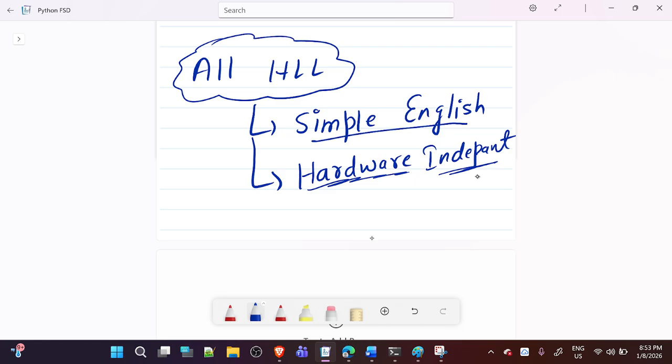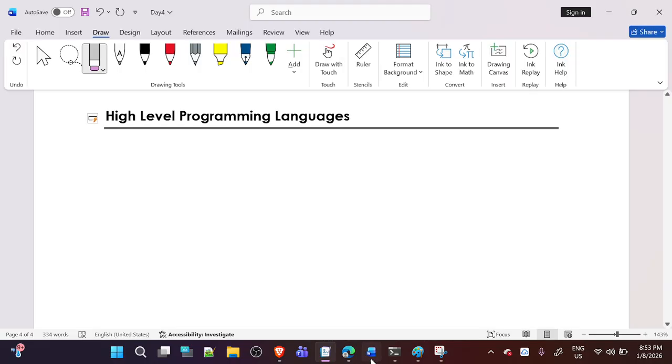Correct or not? Yes. Okay, hardware independent, or we can say portable. These are the advantages of high level languages.